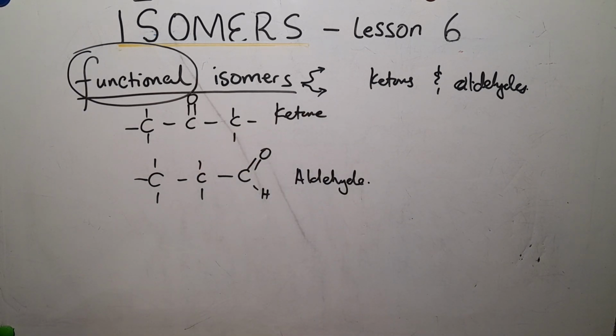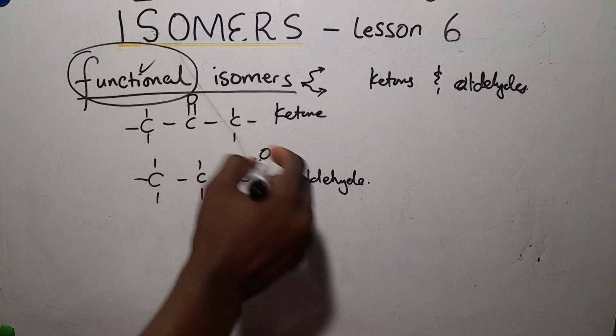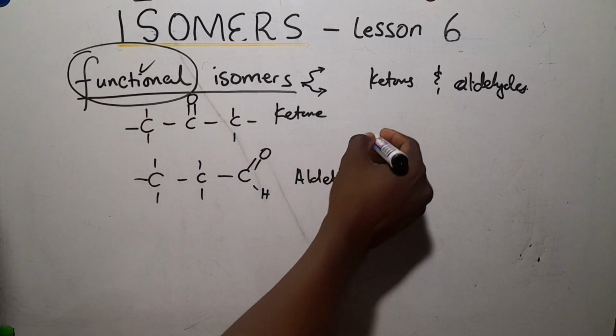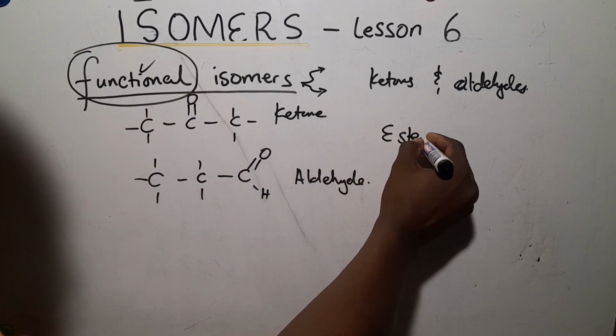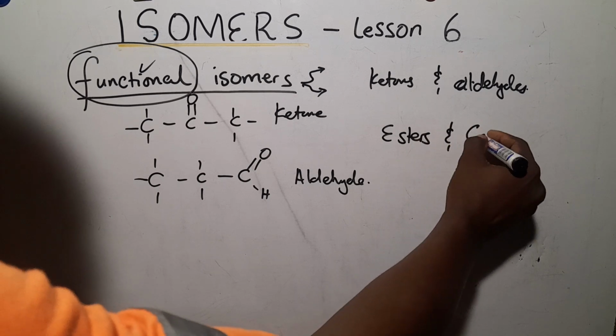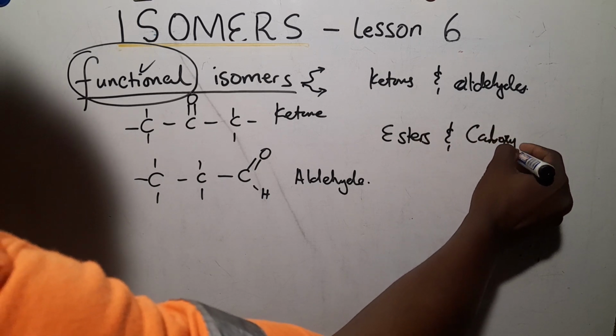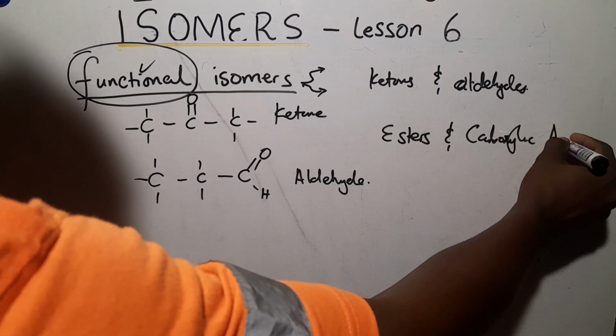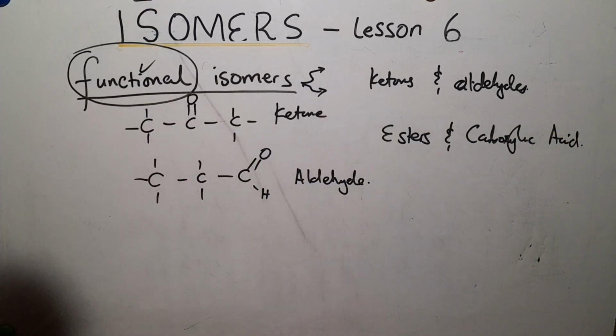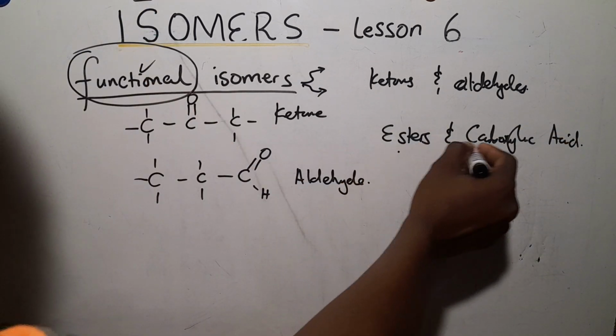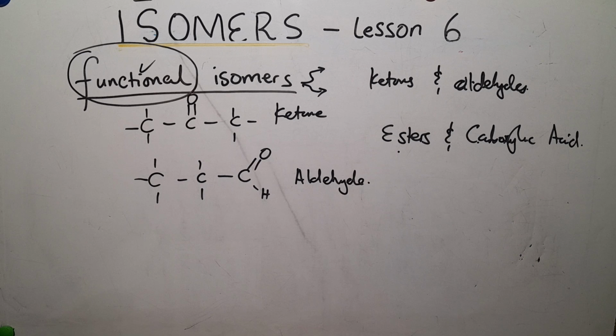And also notice that this functional isomerism also happens between the esters and the carboxylic acids. Why is this like this? Because the esters and the carboxylic acids have kind of the same functional group, right?